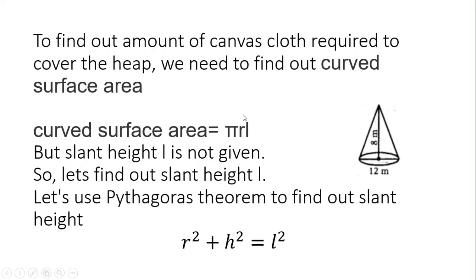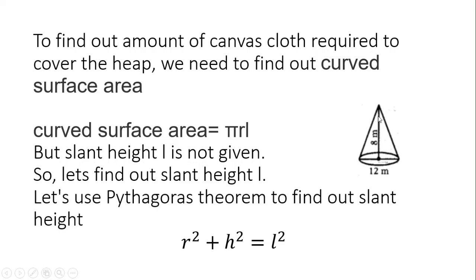But in the given problem, the radius is also not given, but we have found it from the given diameter. But l, which is known as the slant height of the cone, is not mentioned. So we can find the slant height by using the Pythagoras theorem. When we take the right circular cone, suppose this is the base radius and this is the height of the cone, and it will be in the form of a right angle triangle.